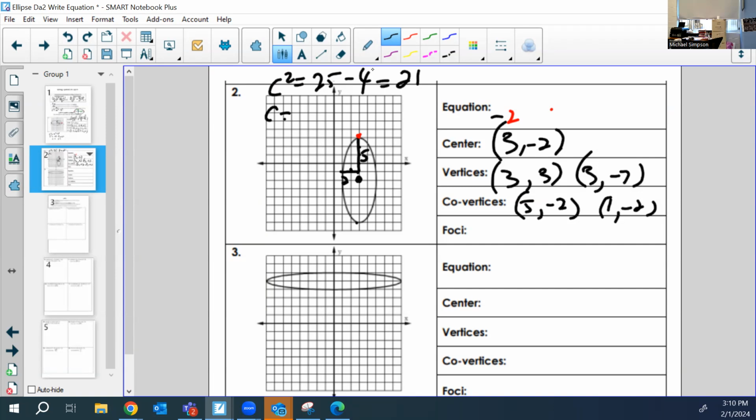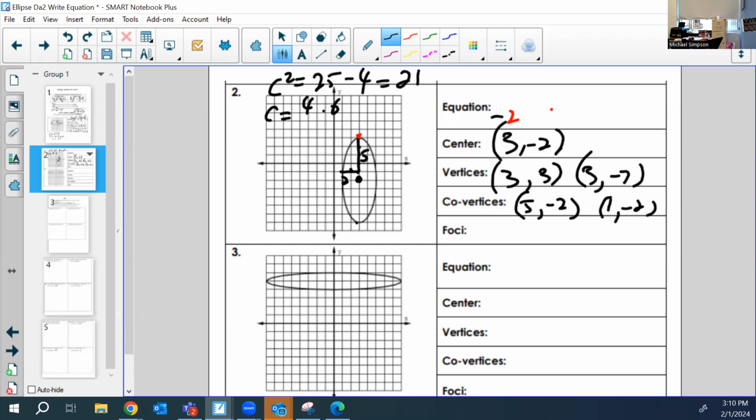That's 4.6, something like that. I'm just guessing. I don't have my calculator with me. That's roughly 4.6. You can get a better answer by using a calculator, but the square root of 21 is roughly 4.6.